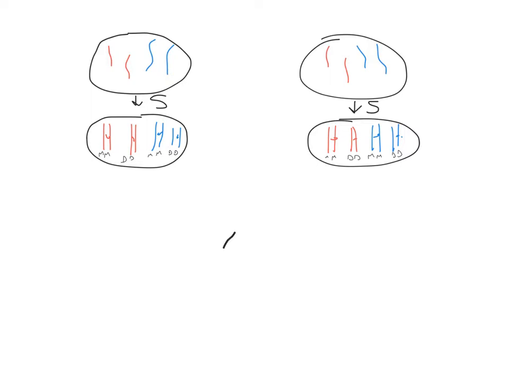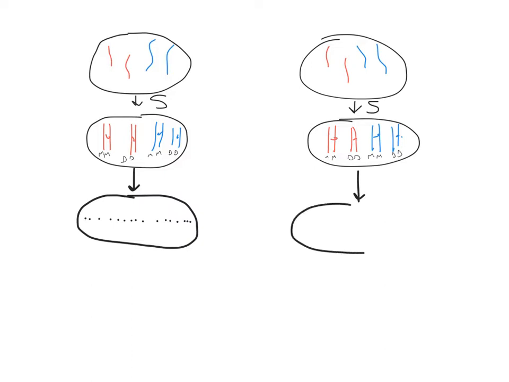So, time for meiosis I. What's going to happen? Let's say that cell's going to divide along that axis. The same thing is going to happen over here.